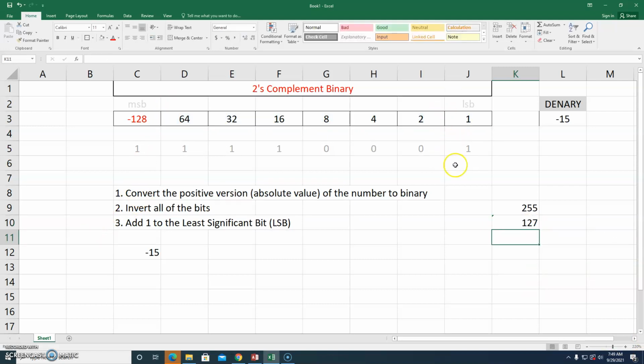So the biggest number that we can represent with 1 byte in the twos complement system is 127. And remember, this most significant bit tells us if the number is positive or negative. If this is 1, we're dealing with a negative number. If this is 0, we're dealing with a positive number.